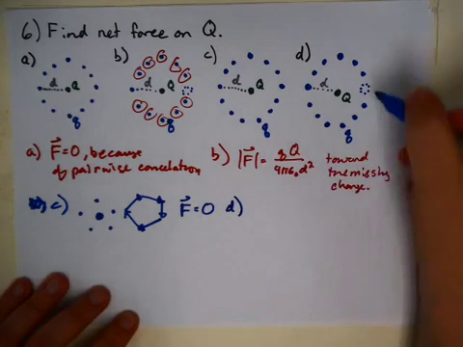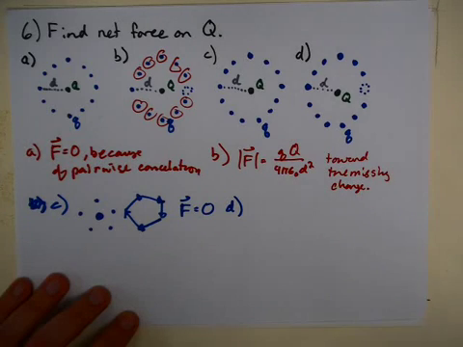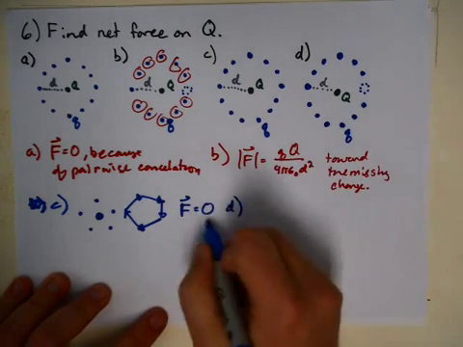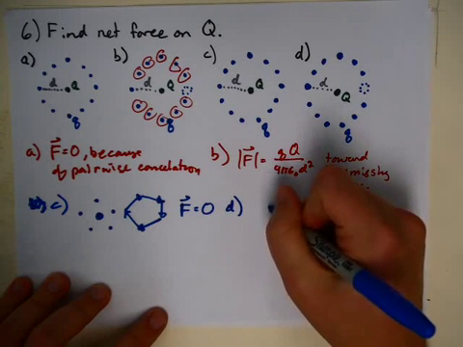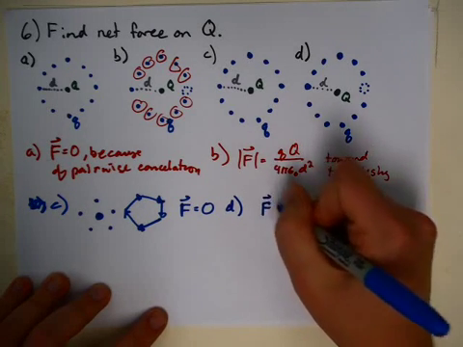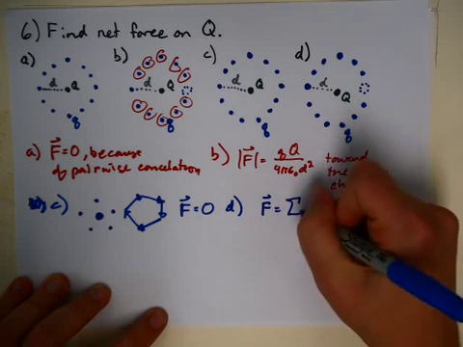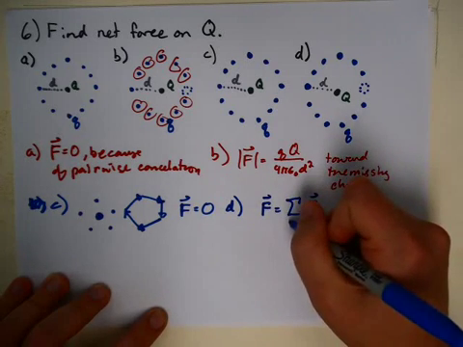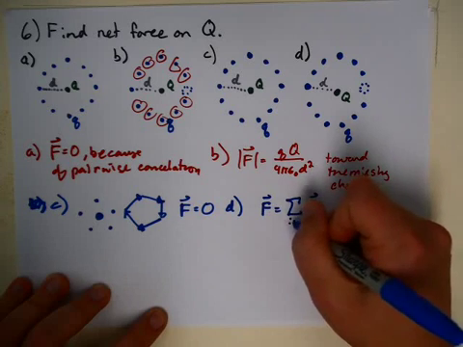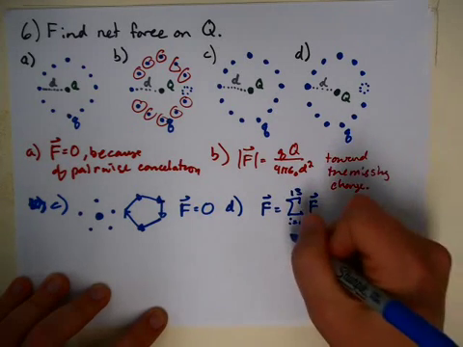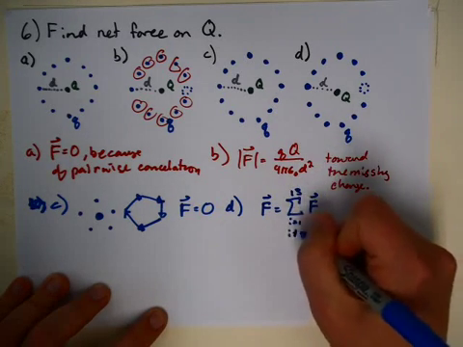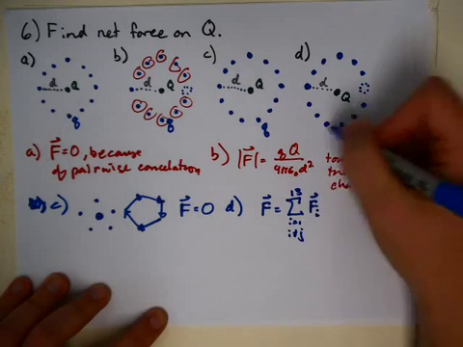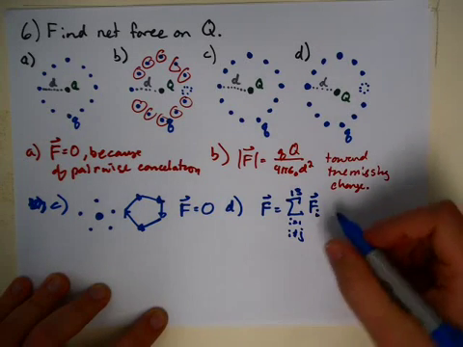For part D, what happens when I take away one of the charges? Well, now I'm going to use a little trick. I know that the sum of all forces here is equal to 0. So the force is equal to the sum of all forces, where I goes from 1 to 13, and we're going to have to leave out one of the forces. F sub I is the force due to any individual charge.